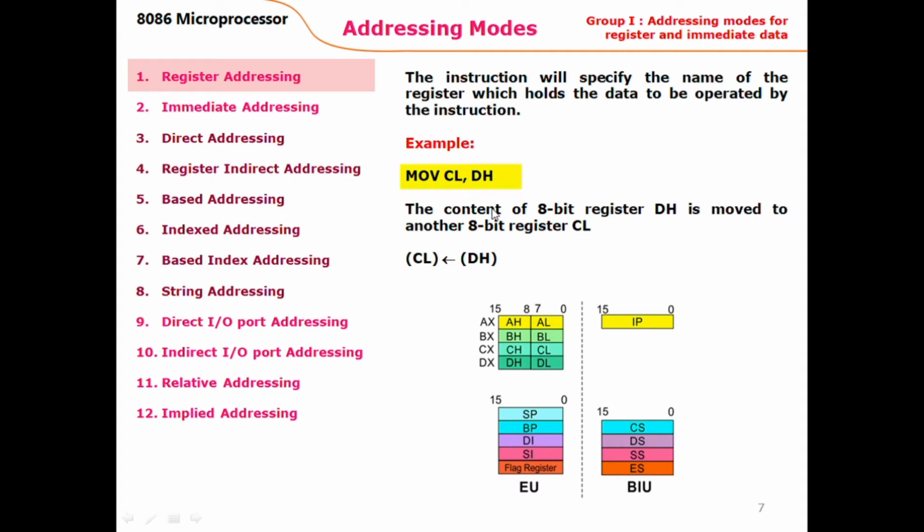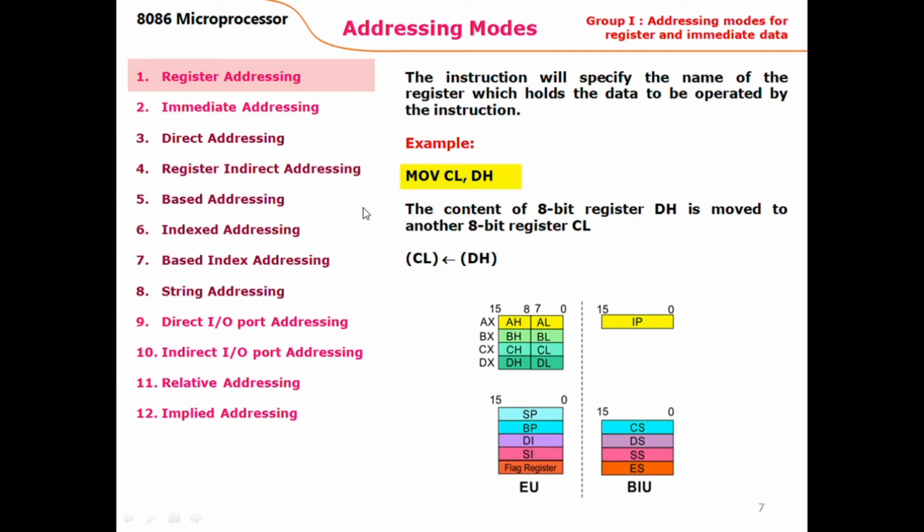In this instruction, the assembly language instruction includes names of the registers where to find the data. Here, the source of the data is a register and the destination of data is also a register.